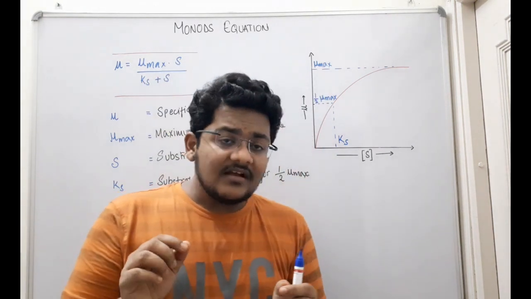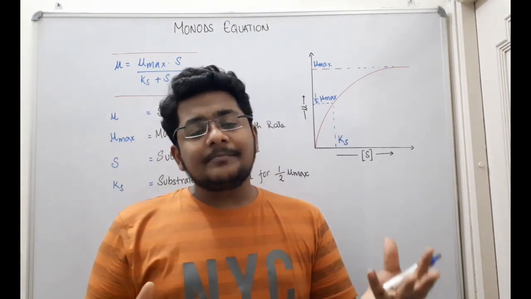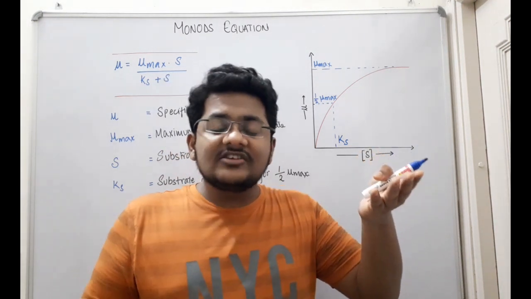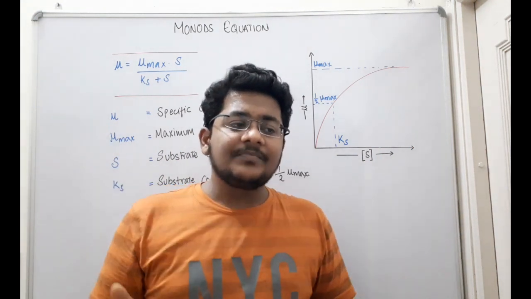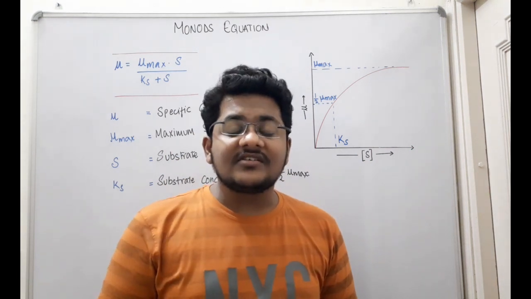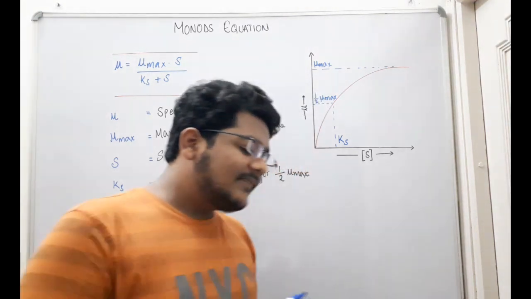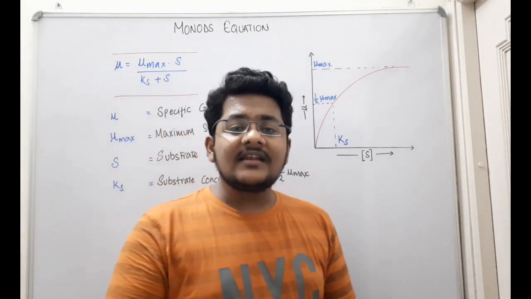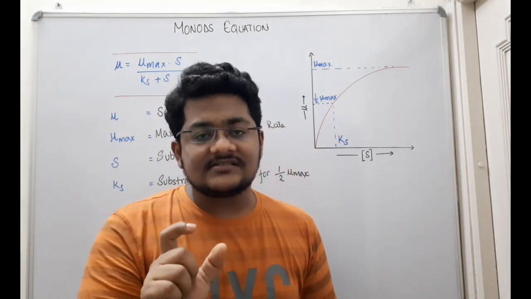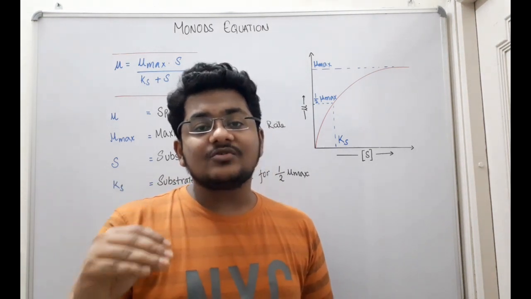Specific growth rate is dependent on substrate concentration, and as we increase the substrate concentration, the specific growth rate also increases. At a particular substrate concentration, we achieve half of the maximum specific growth rate. If the maximum specific growth rate is 10 per minute, then 5 per minute is achieved at Ks.